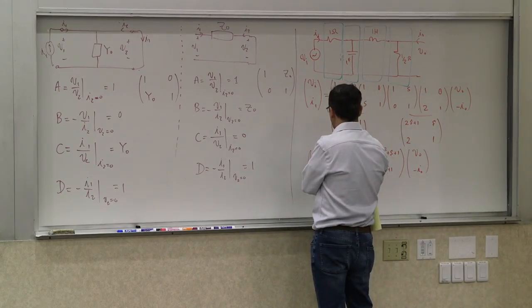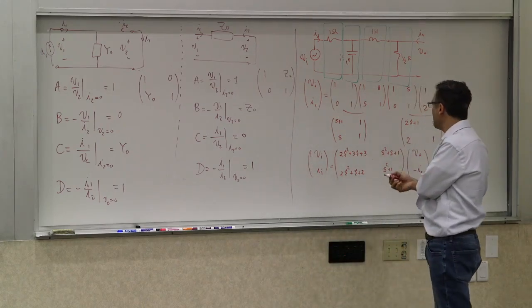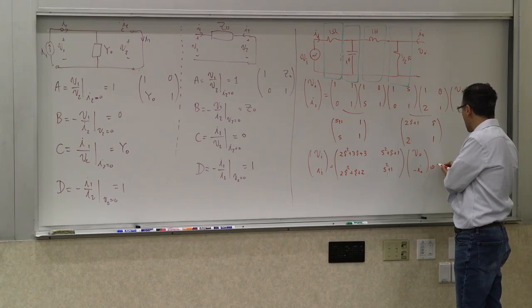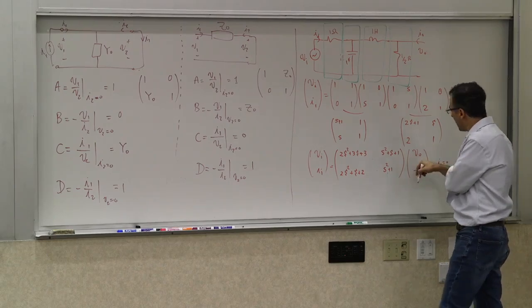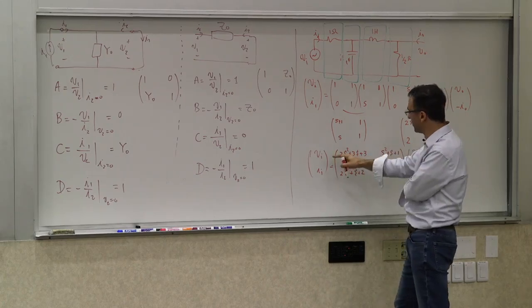V in, I in. Now, if we are only interested in the V out, V in relationship, and we know IO is 0, so it's an open circuit, so I out is 0, what you will get is basically this term by itself times VO is V in.